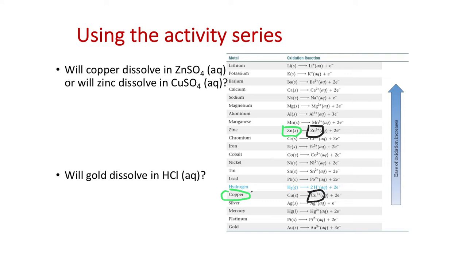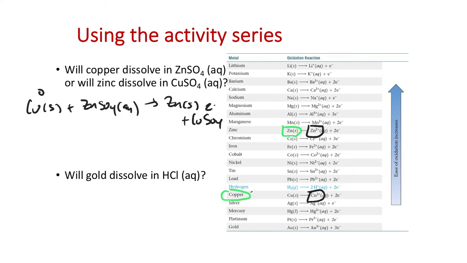The first reaction we might write out is Cu solid, copper, reacting with zinc sulfate. This is an oxidation reduction reaction, so if this reaction takes place, we'd have zinc form and copper sulfate form as the byproduct.